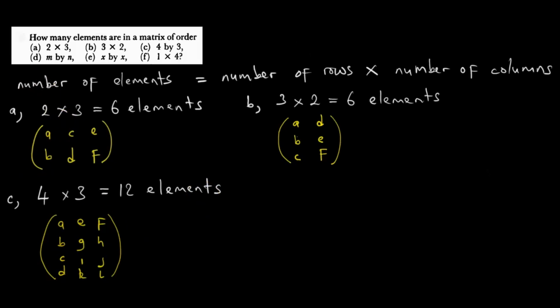Let us go pa D. D iri kuti M times N. Saka kana ari ma letters se apo pakanzi M times N tenge tango multiply M times N which is equal to Mn elements. And panapa we cannot visualize because we don't know kuti M yakamirira chi kana kuti N yakamirira chi.